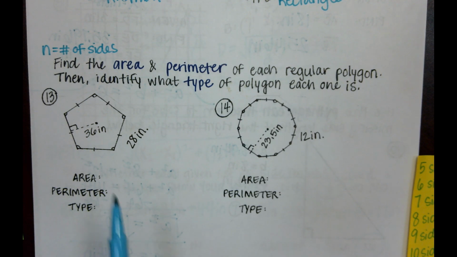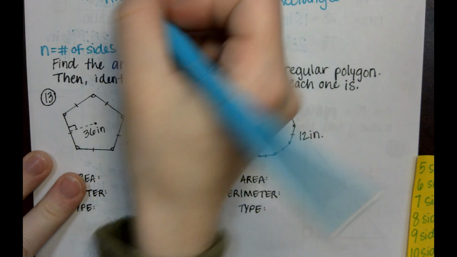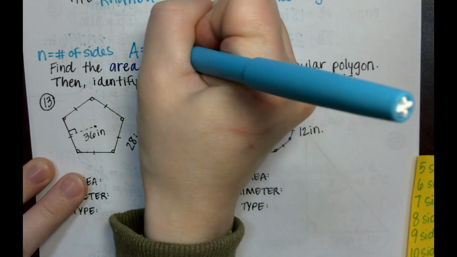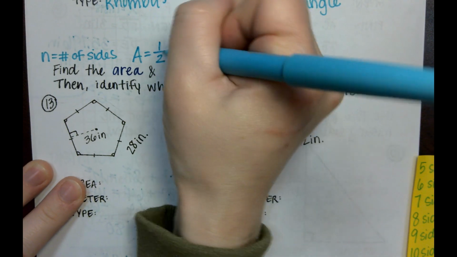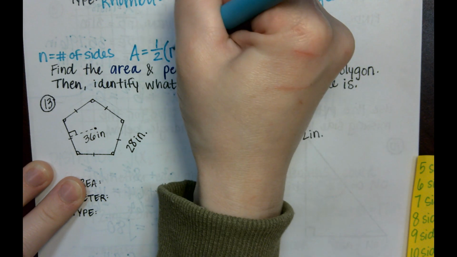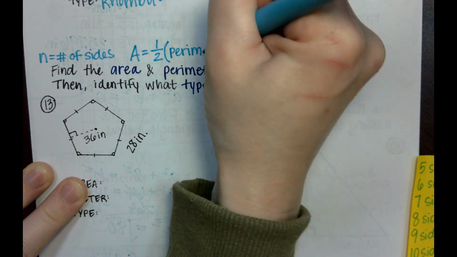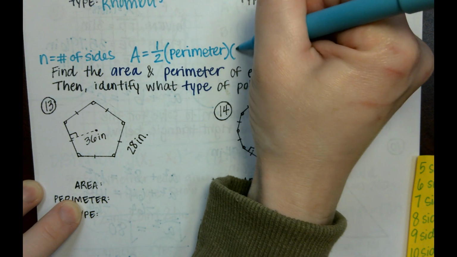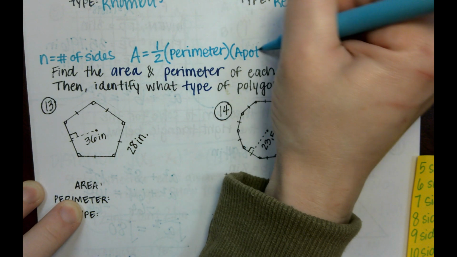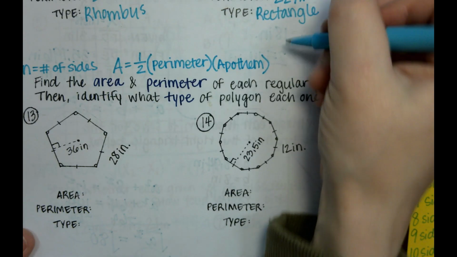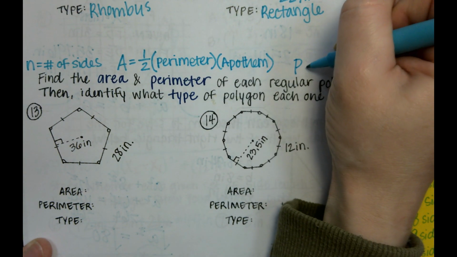We're going to do area equals 1/2 times, oh, it's perimeter. Yes, times perimeter. And in this one we have to find perimeter first. Times apothem. Do you remember how to find perimeter?